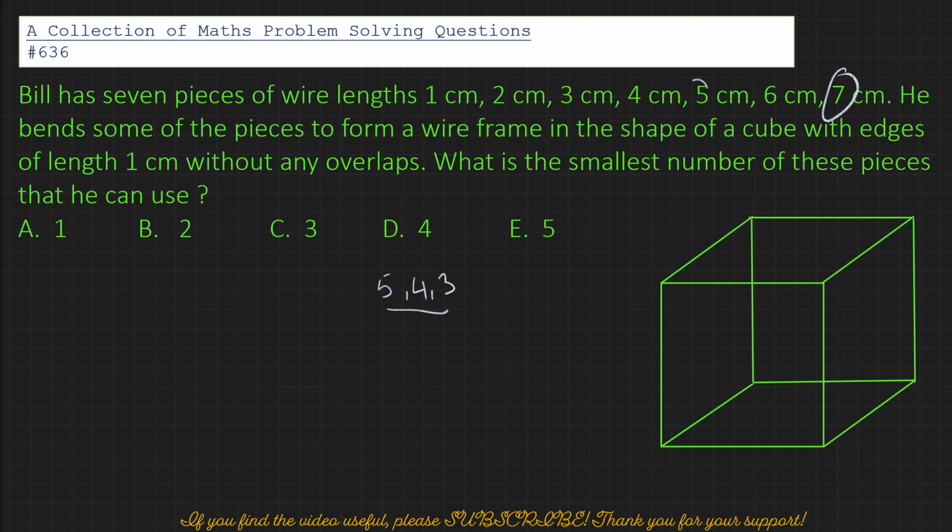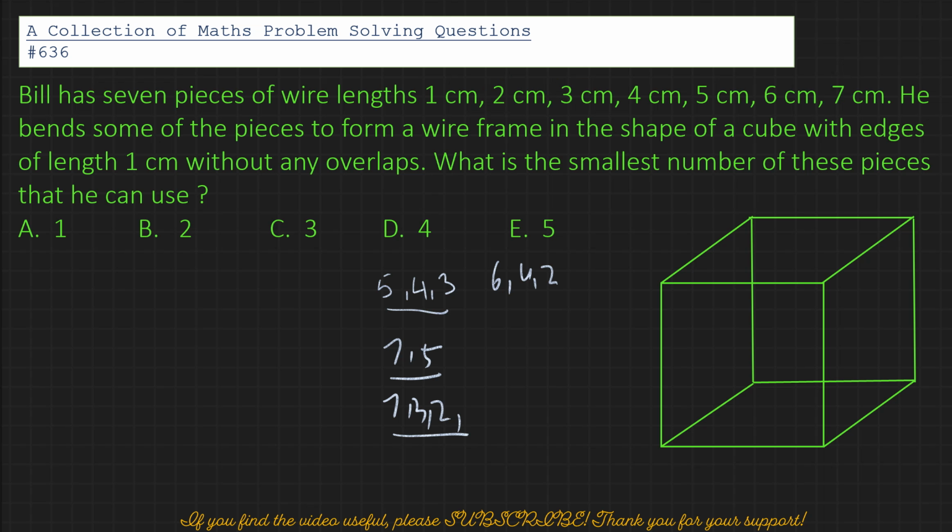But he could use 7 and 5. So 7 and 5 would make 12. So then the answer would be 2. And it could be 7 and 3 and 2, and then it could be 6 and 4 and 2, 12.